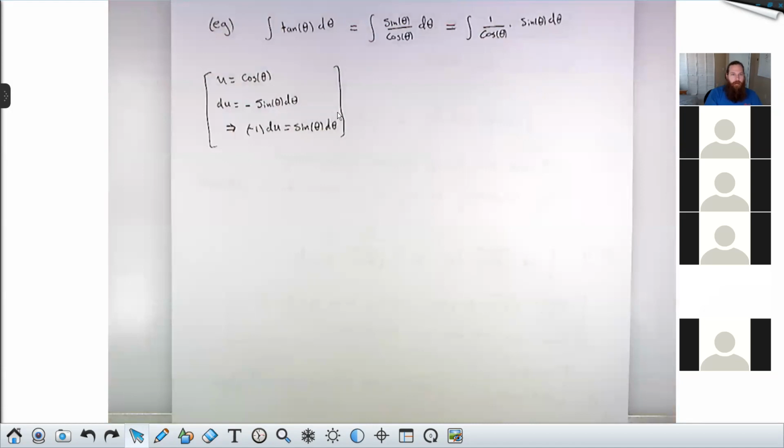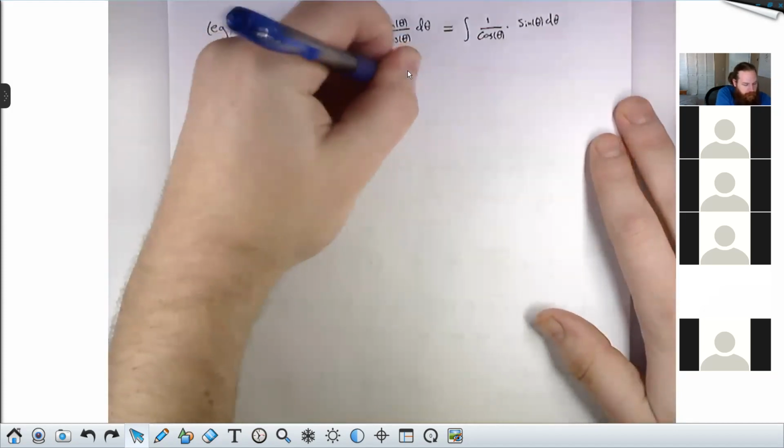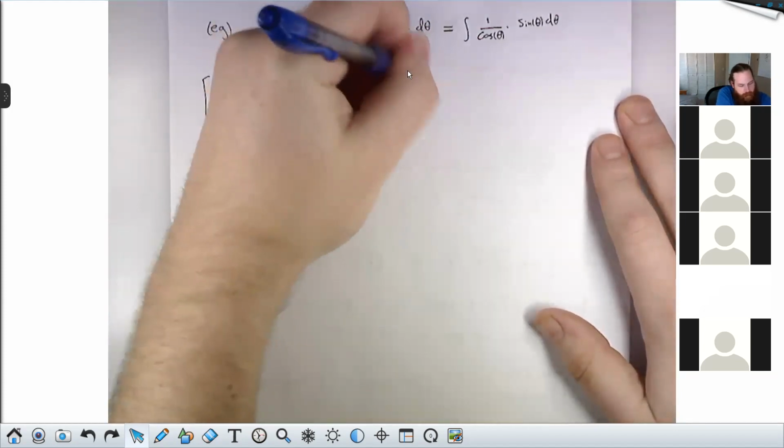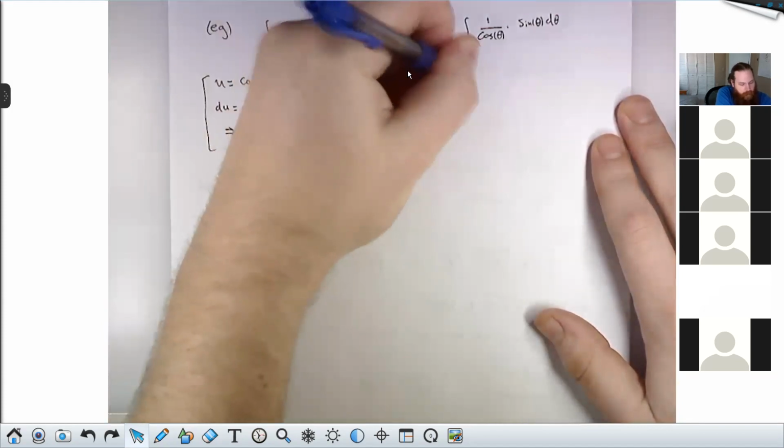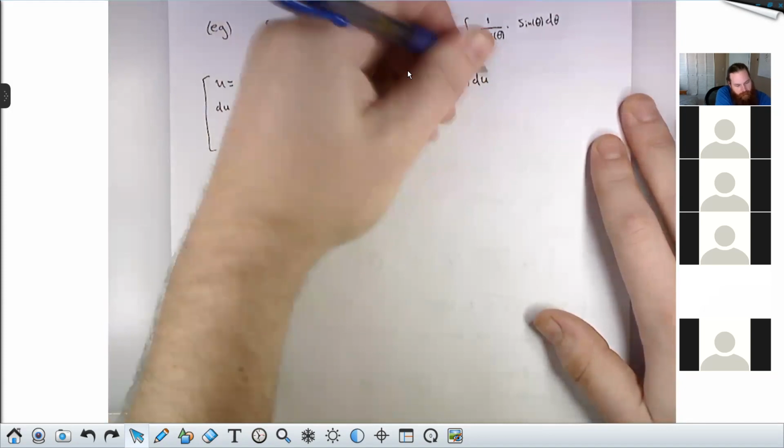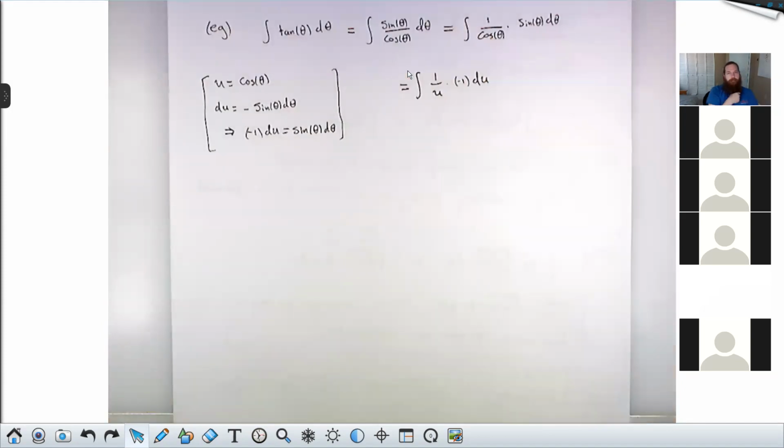So here's my sine theta d theta. That will be -1 times du. And then 1 over cos theta will be 1 over u. So there's some natural log stuff going on here. This will become 1 over u times -1 du. And then this -1 is a constant multiple, so it can come out front.